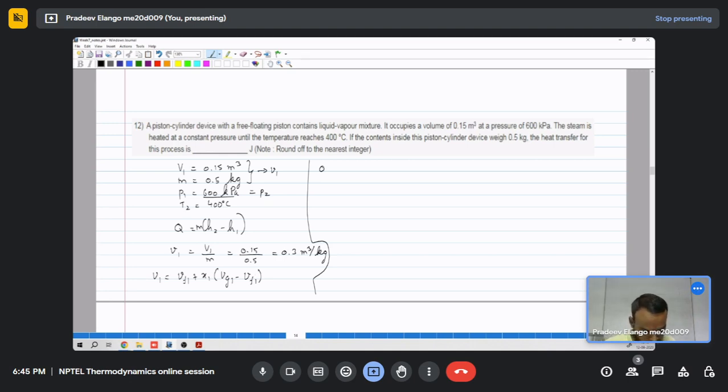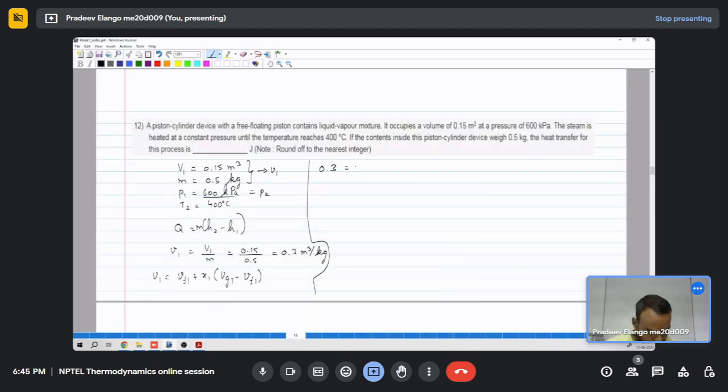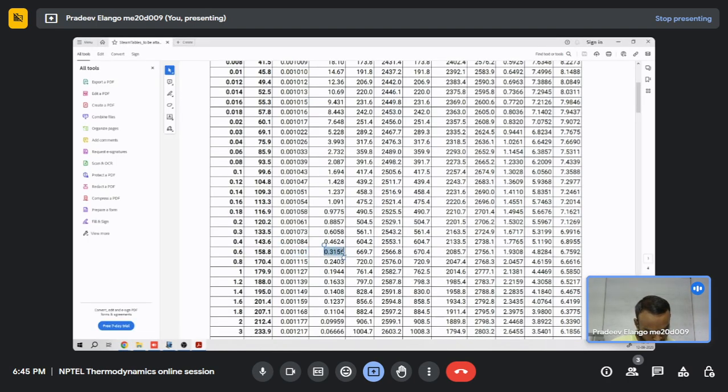So that is 0.3 is equal to 0.00110 plus x1 into 0.3156.